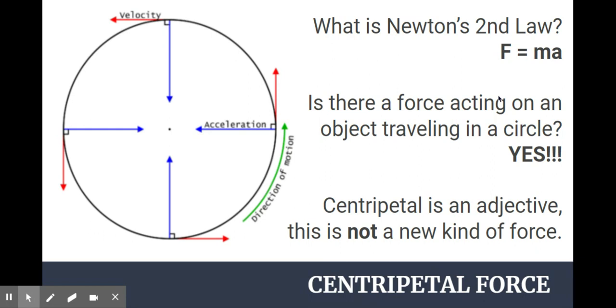So anytime we're dealing with uniform circular motion, there is always an acceleration, it's always towards the center, and there's always a force acting on it. Now remember, centripetal is an adjective. We are not describing a new type of force. Centripetal force can be any type of force. All it tells us is that the direction of this force is always towards the center. It's telling us the direction.